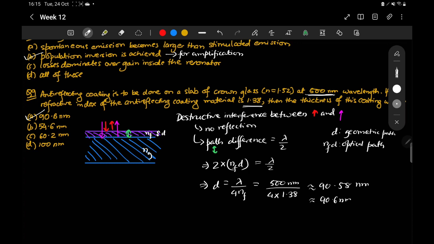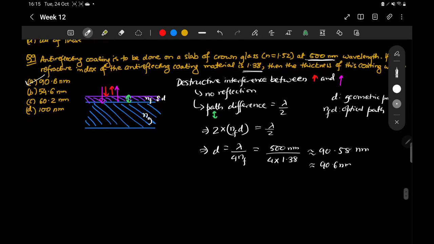But if we deviate too much from that wavelength, then we will see significant amount of reflection. So this anti-reflection coating is basically an application of interference. Destructive interference to be specific.